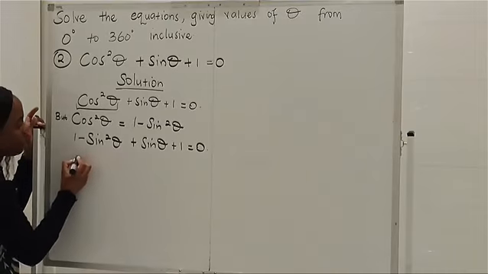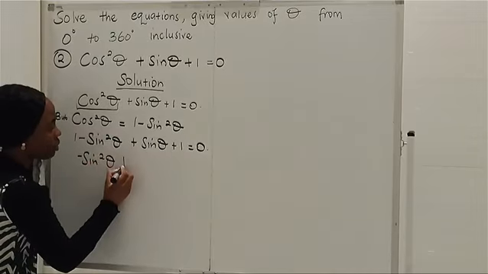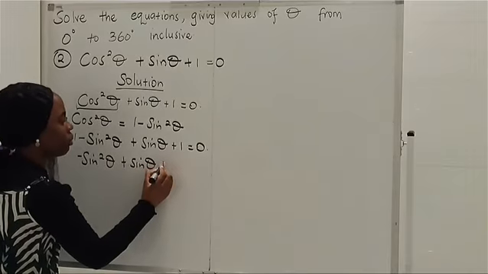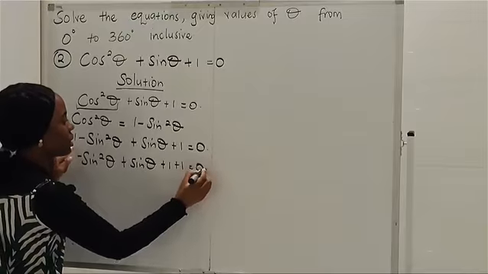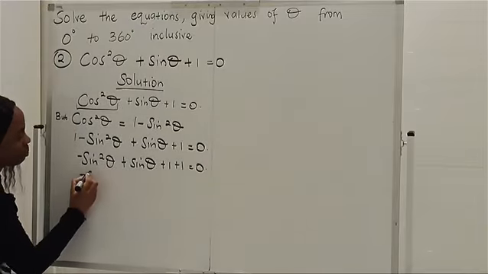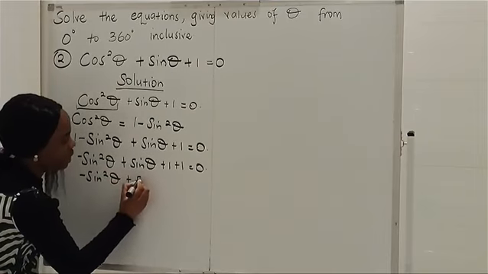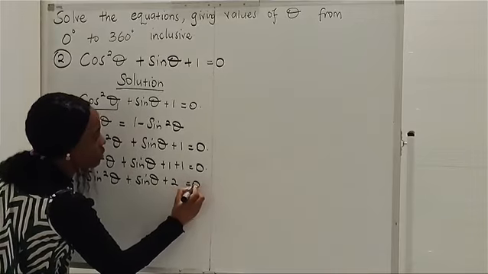So I will have minus sine squared theta plus sine theta plus 1 plus this 1 equaling to 0. We have minus sine squared theta plus sine theta plus 2 equaling to 0.